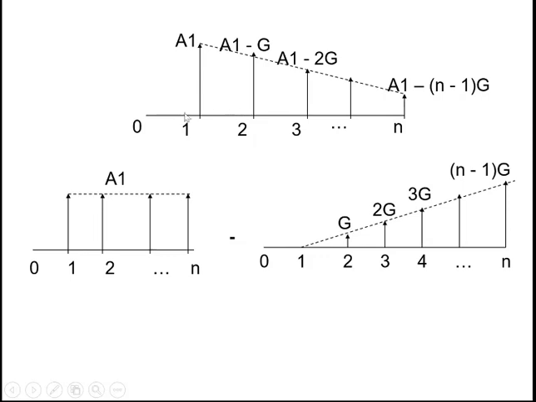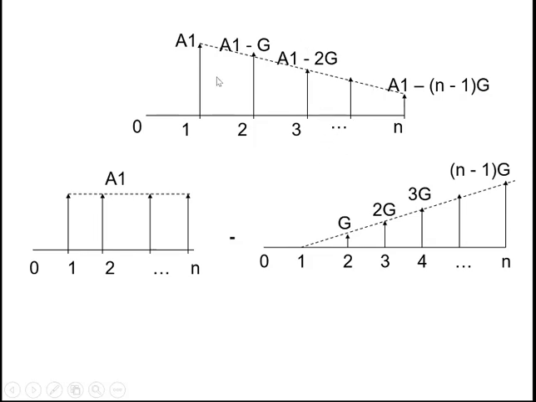Then from period 2 to n, the cash flows decrease by an amount of t. So at period 2, the cash flow is A1 minus t. At period 3, the cash flow is A1 minus 2t, and so on. And at period n, the cash flow is A1 minus (n minus 1)t.